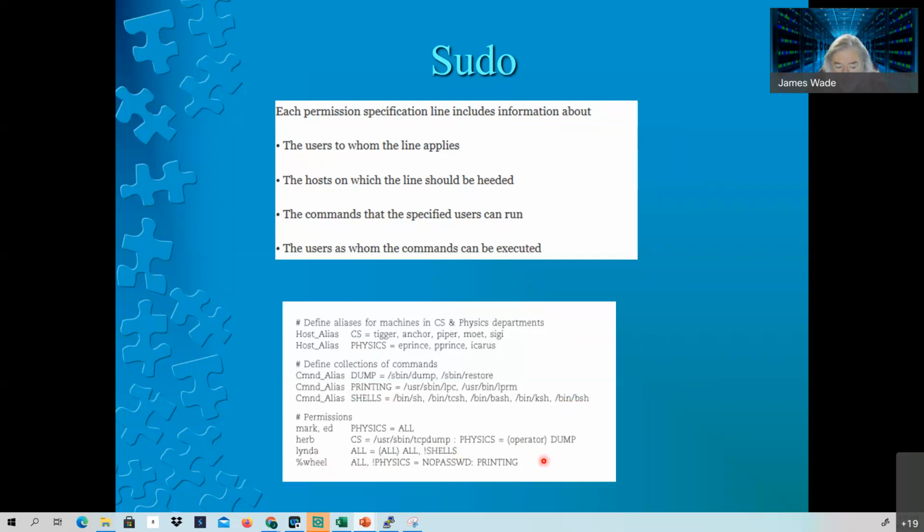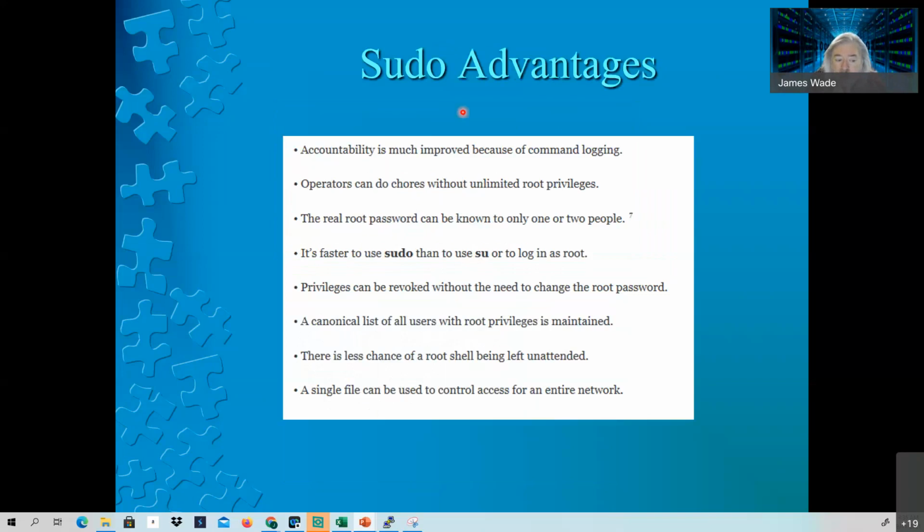By configuring this file, you can see we can give people specific servers they can run these commands on, with the elevated privileges we've given them, and specific commands. It also allows us to do logging. So sudo has some really good advantages. There's accountability because it does command logging whenever they do something. Operators can do chores without unlimited root privileges, meaning we can give them root privileges, but only on specific commands.